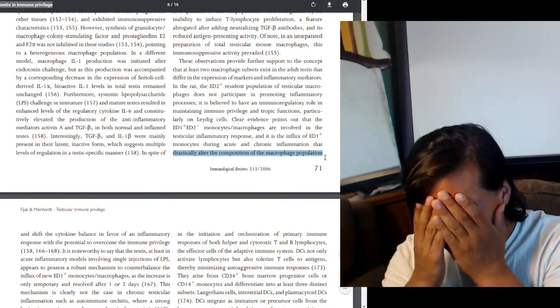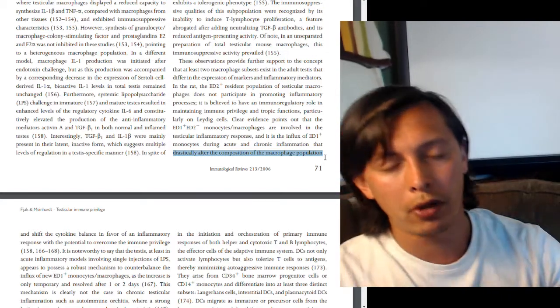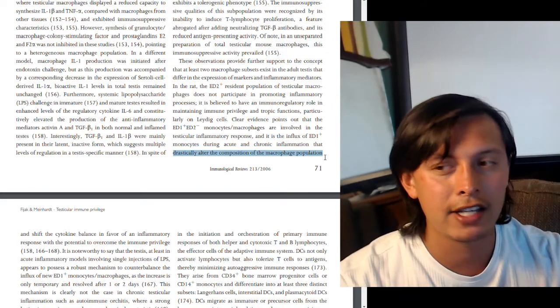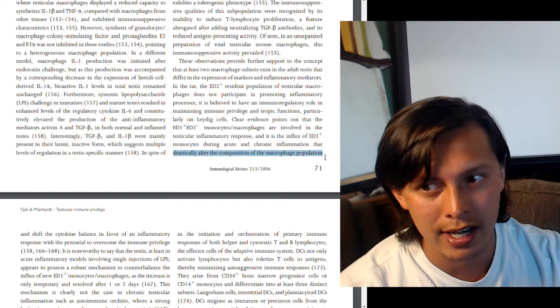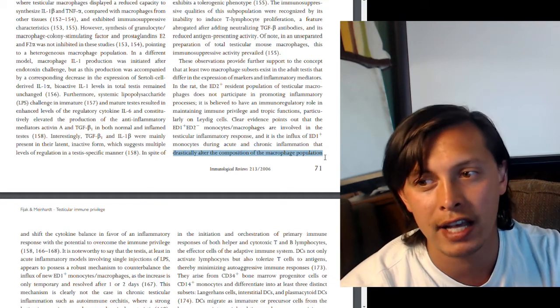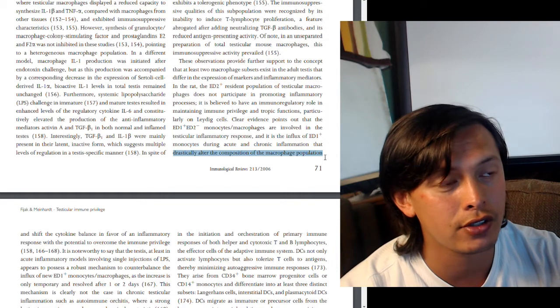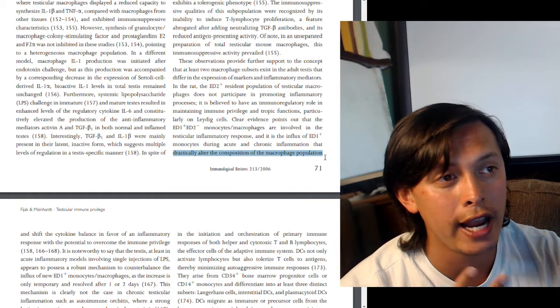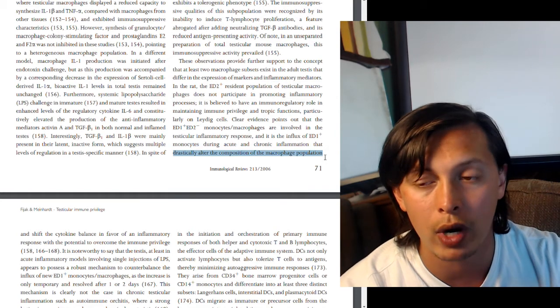So, okay, now it's starting to make sense to me what they're trying to get at. Normally you have a vast majority of the macrophage population in the rat testes participating in creating an anti-inflammatory environment, right?